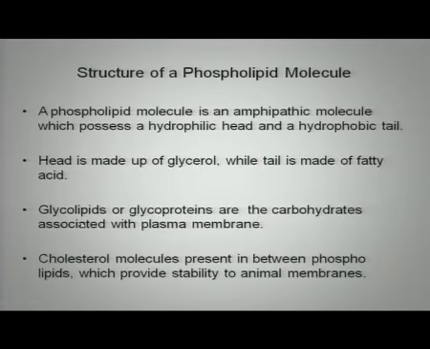Now coming to the structure of a phospholipid molecule. A phospholipid molecule is an amphipathic molecule which possesses a hydrophilic head and a hydrophobic tail. The head is made up of glycerol and phosphate, while the tail is made up of fatty acid.